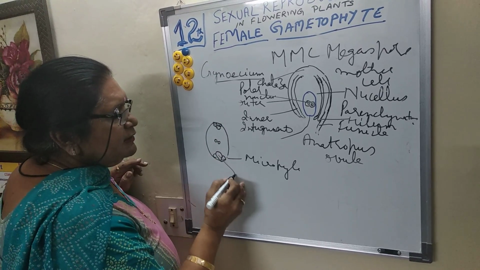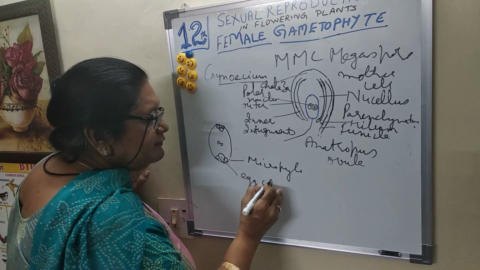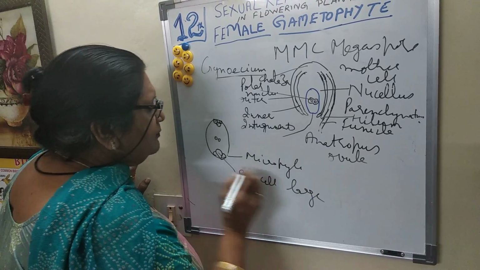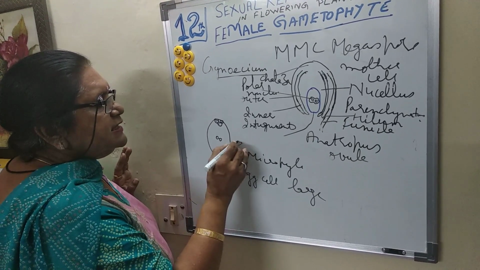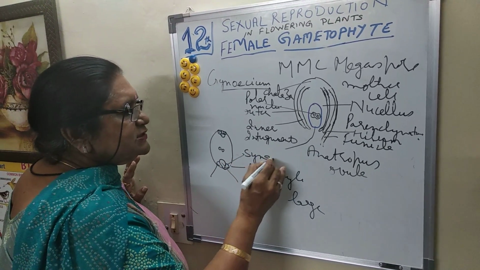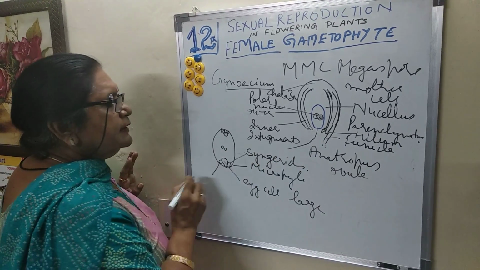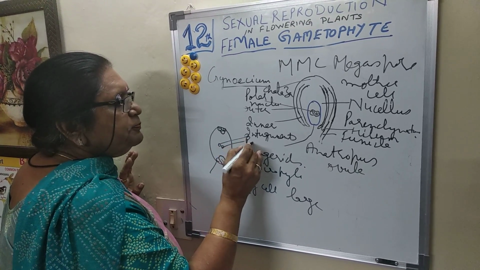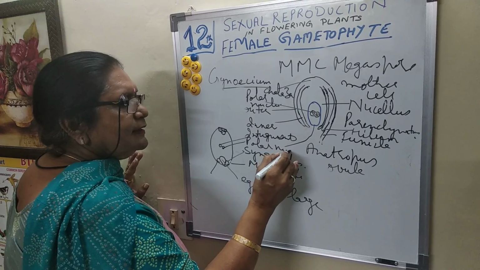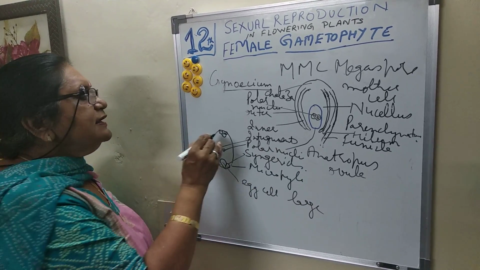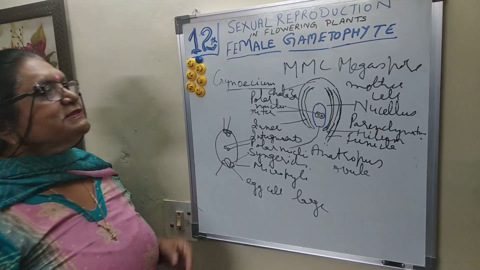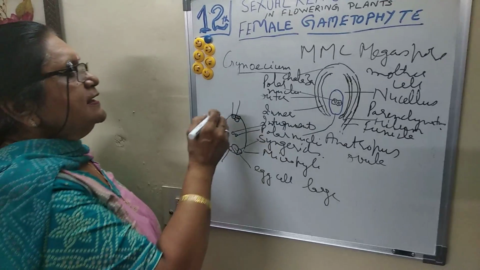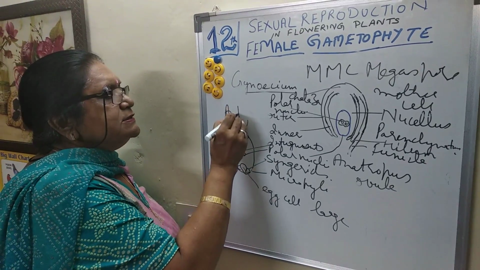So the egg cell, which is large, is protected by two cells called synergids. The center cell has the polar nuclei, and the three at the opposite end, the chalaza end, are called antipodals.